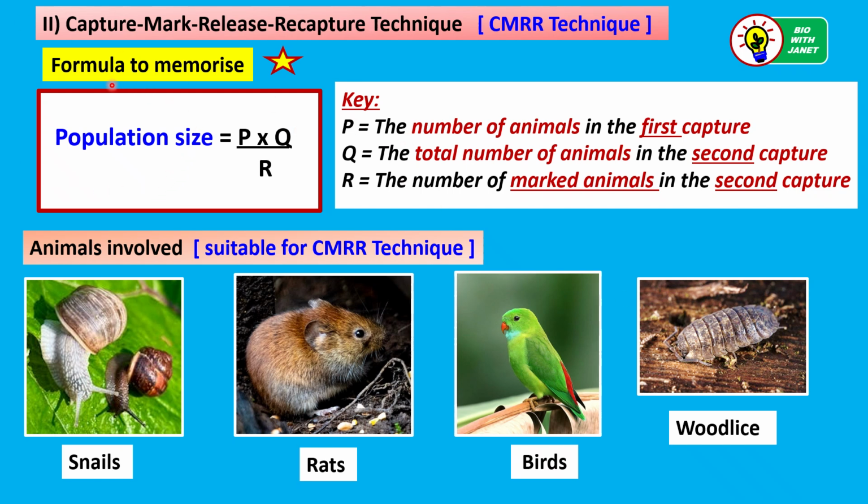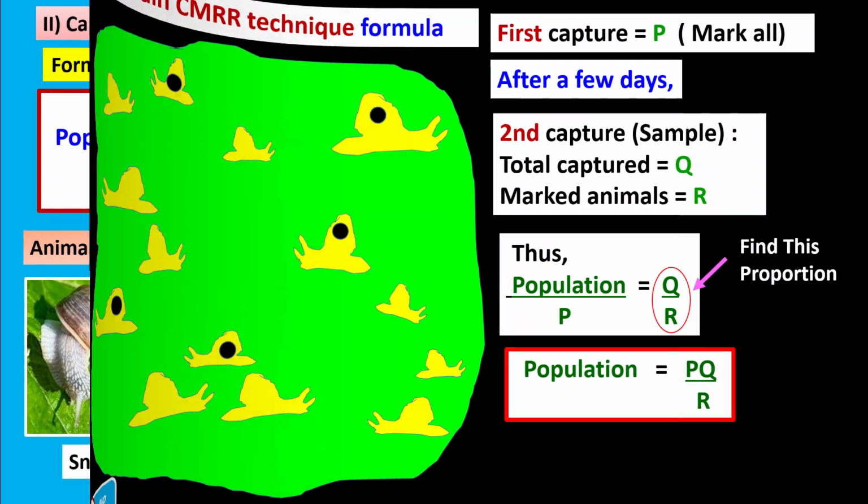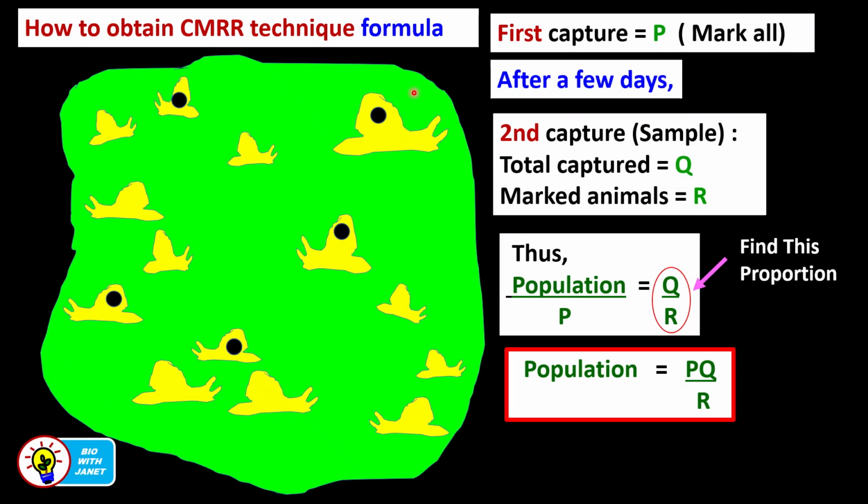So we're going to find out how we derive this equation, so that it's easier for you to remember the equation for calculations. Now, how did we obtain the CMRR technique formula?